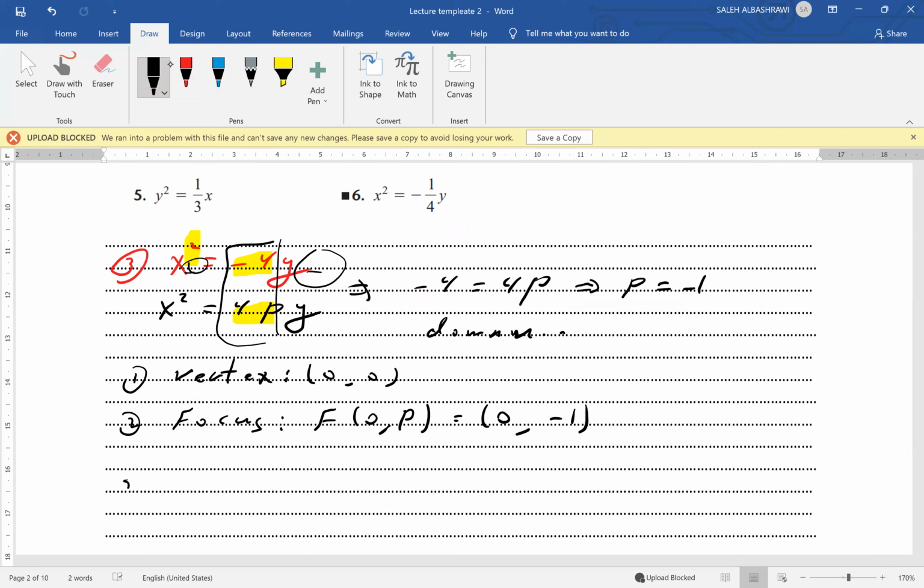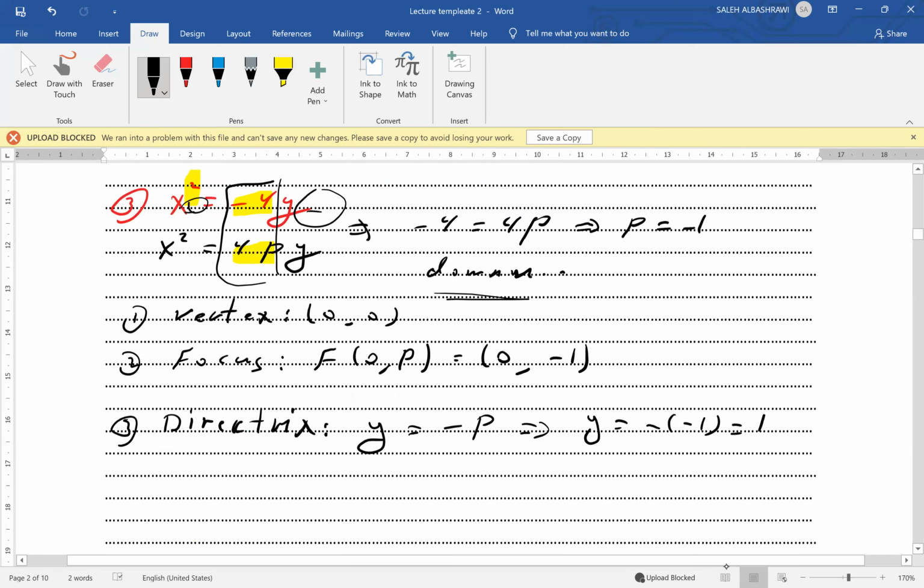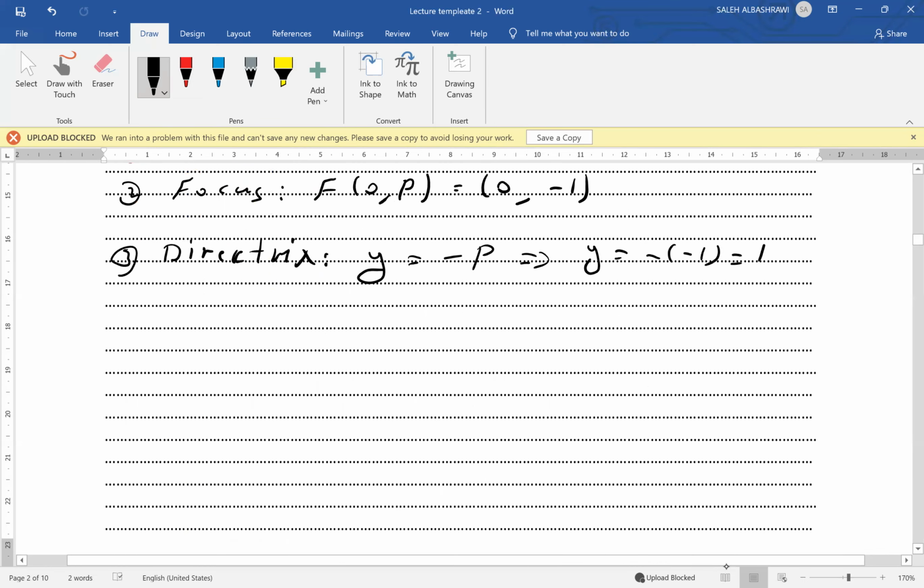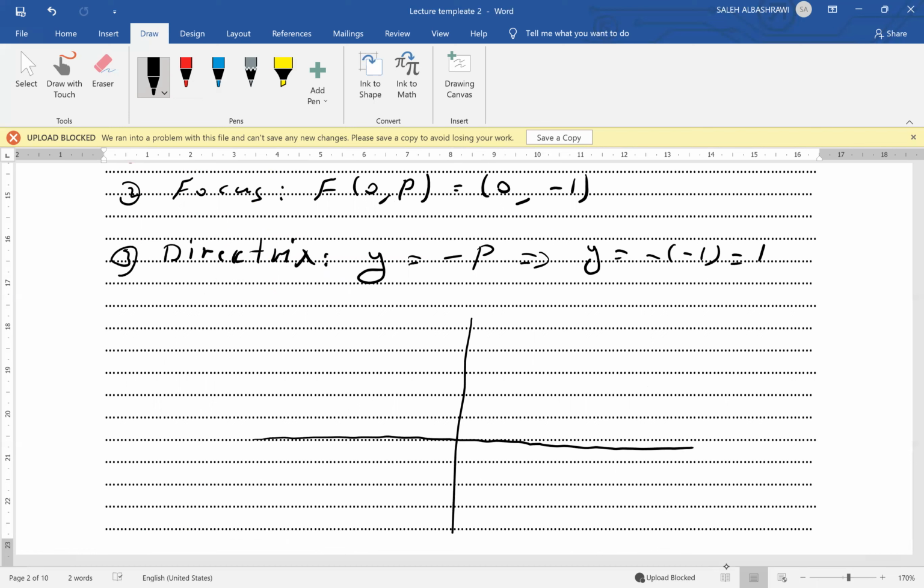Number 3, directrix. We say it is down, so it is y equal to minus b. That will give y equal to minus minus 1, so y equal to 1. Now we can sketch the parabola. The vertex is 0, 0.